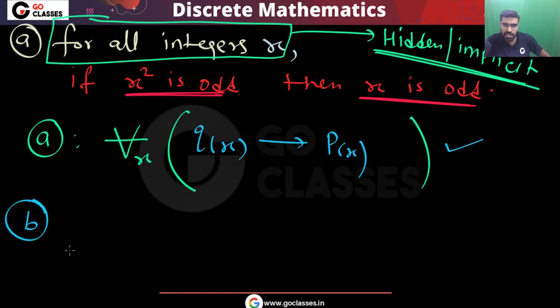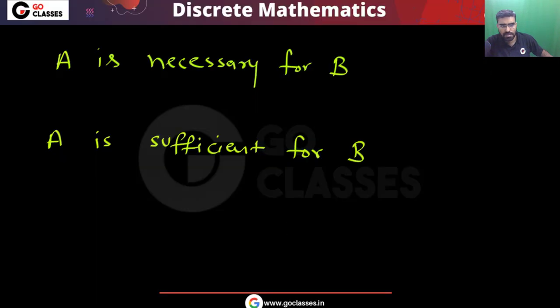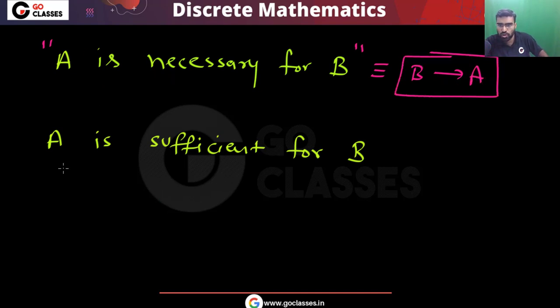Now let's see statement B. Statement B says: for all n, P(n) is necessary for Q(n). First of all, what does "P(n) is necessary for Q(n)" mean? It means Q(n) implies P(n), right? See these two statements. "A is necessary for B" we write as B implies A. This is how we convert it into propositional logic.